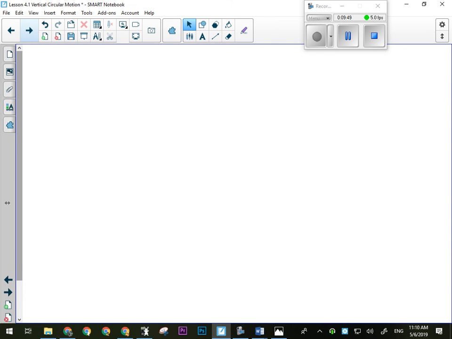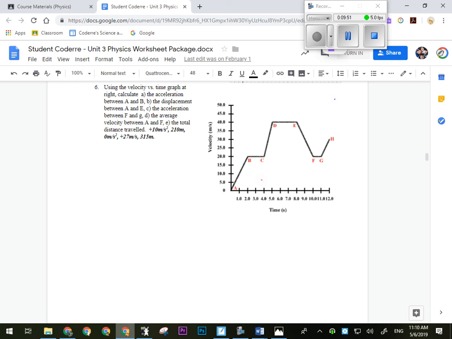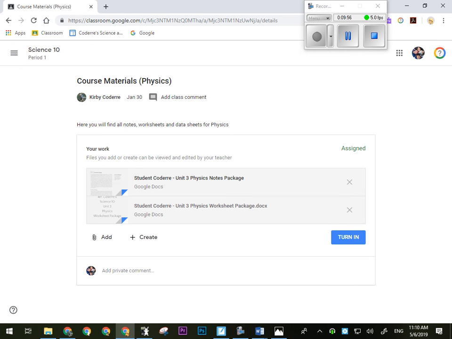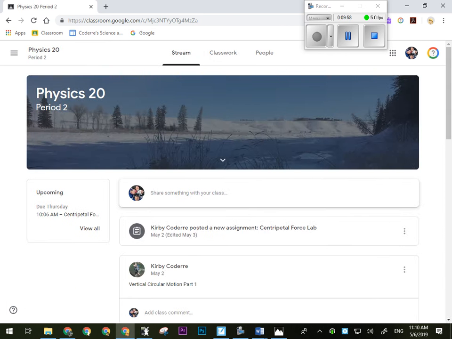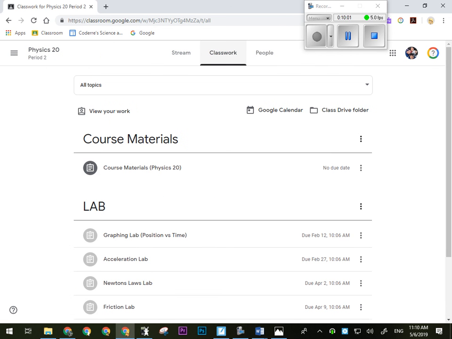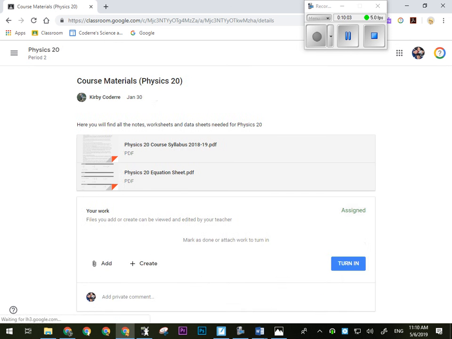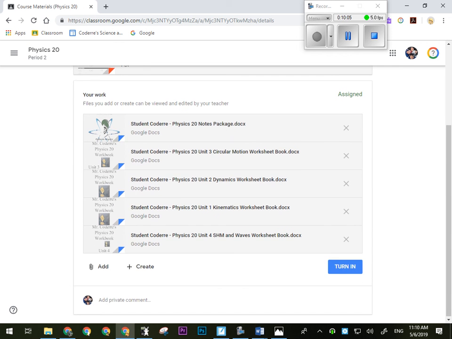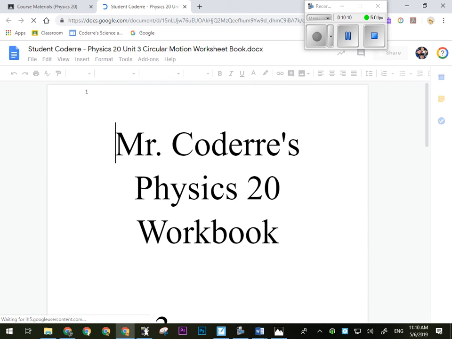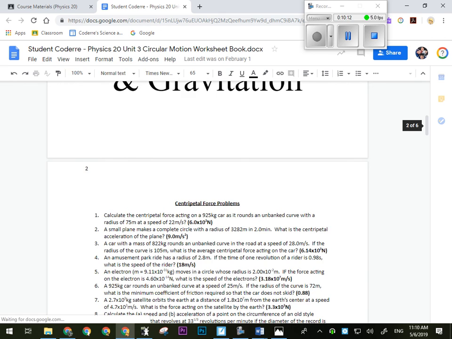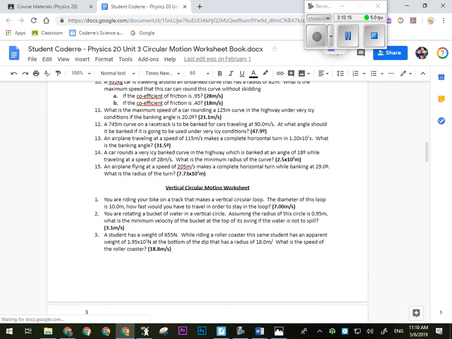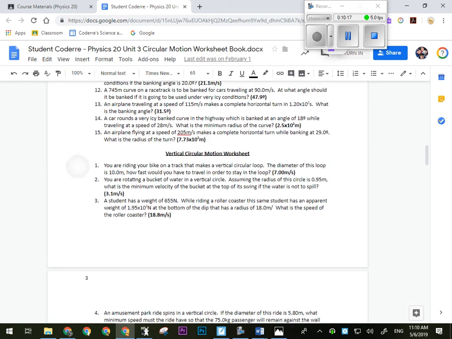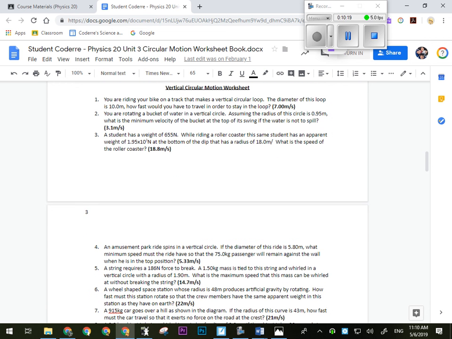So in the workbook, starting at the bottom of page 2 and going on to page 3 are the vertical circular motion questions. Give those a try.